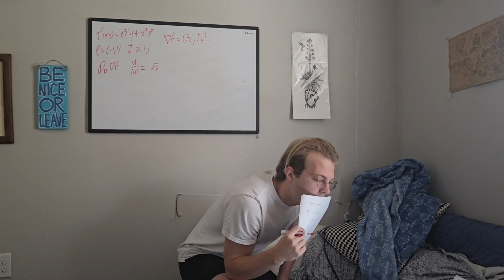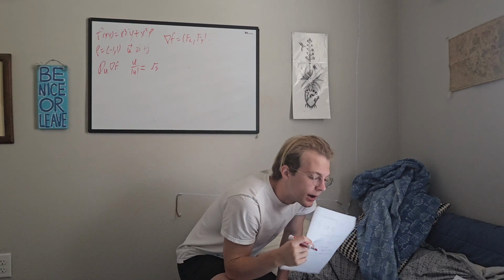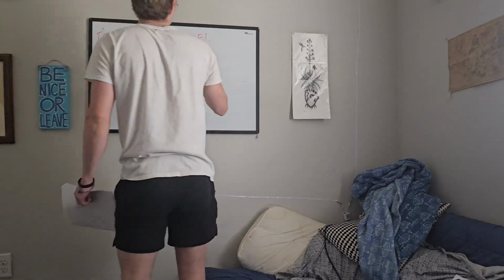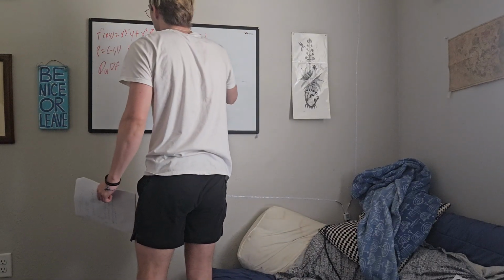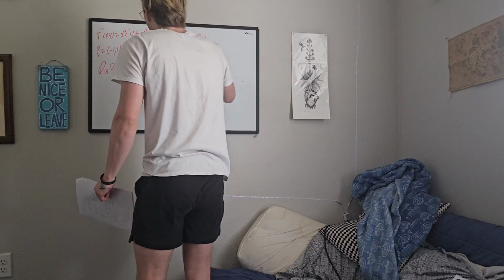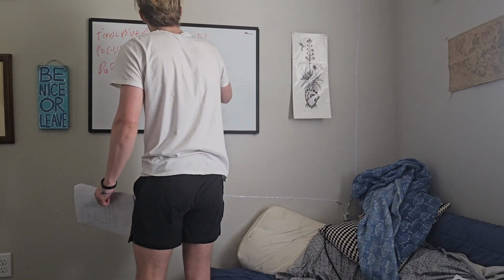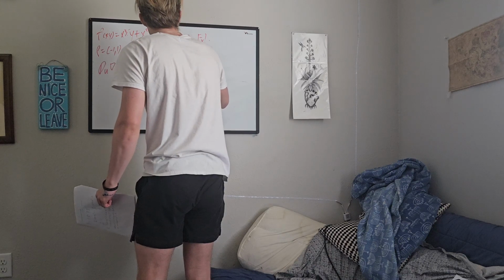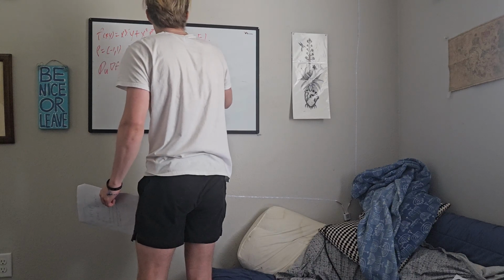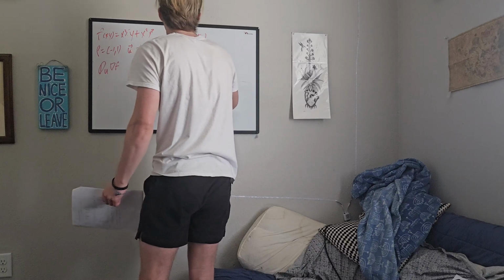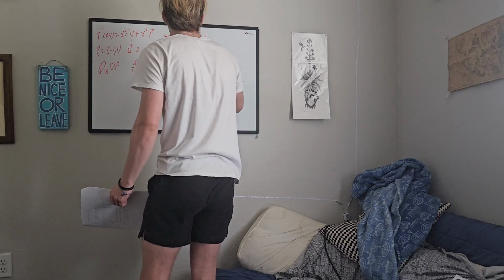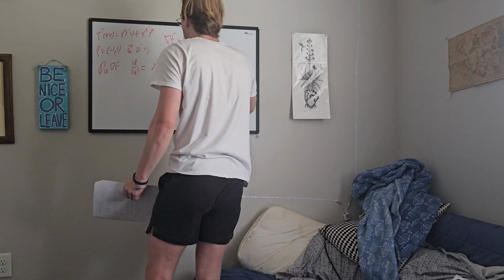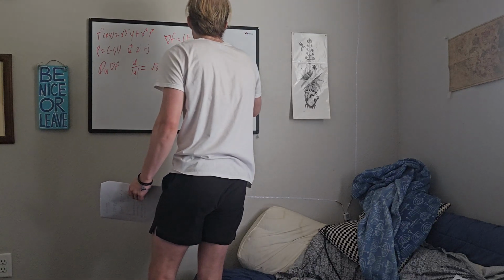Never mind, I forgot. Let me just find the gradient right here. fx is 3x squared y plus 2xy squared, and then comma, fy is x to the 3rd plus 2x squared y.